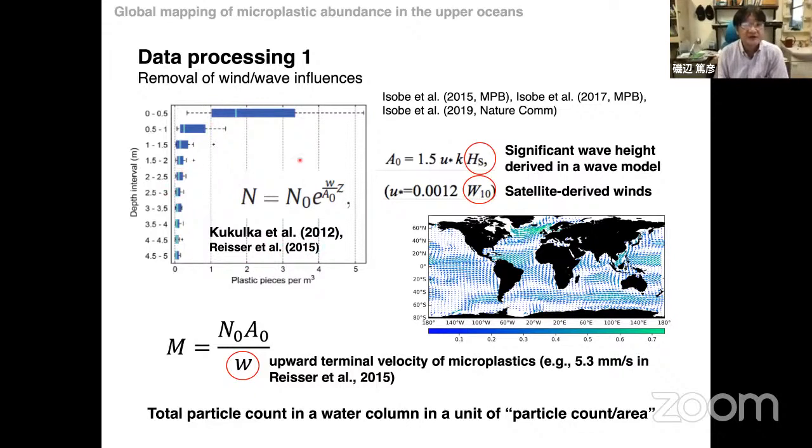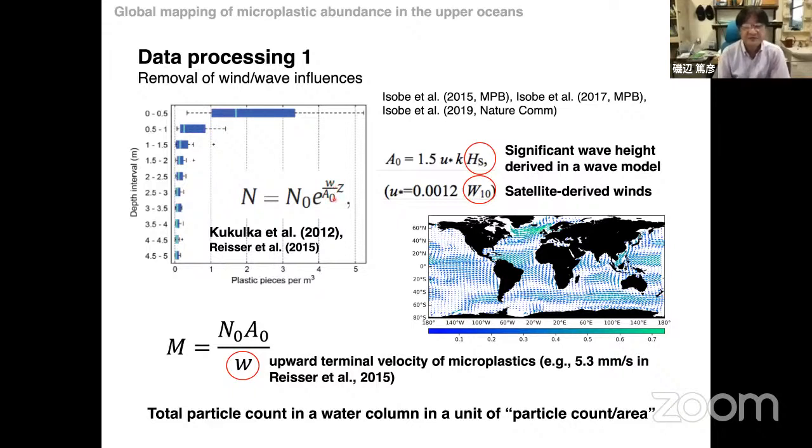So we can find that the vertical profile of the microplastic abundance mostly follows the e-folding curve like this, according to Kukulka. The w means the upward terminal velocity of each microplastic fragment. In this study, we used 5.3 millimeters per second according to the research experiment.